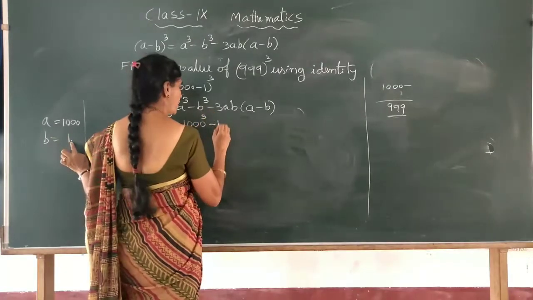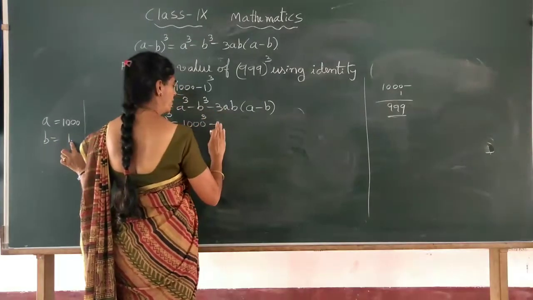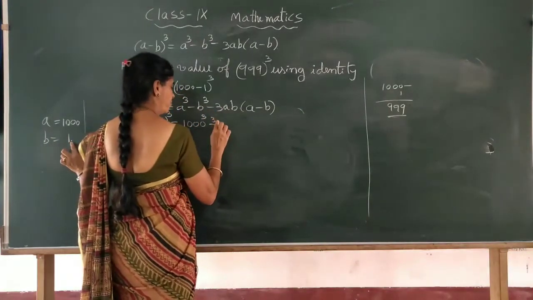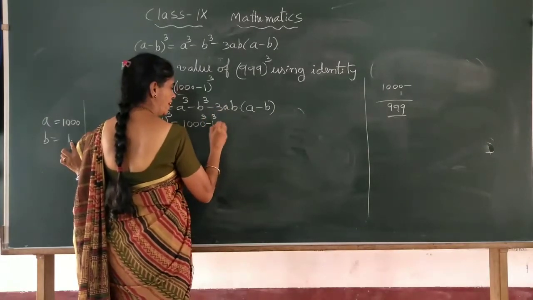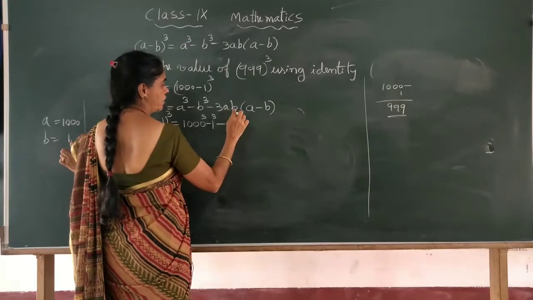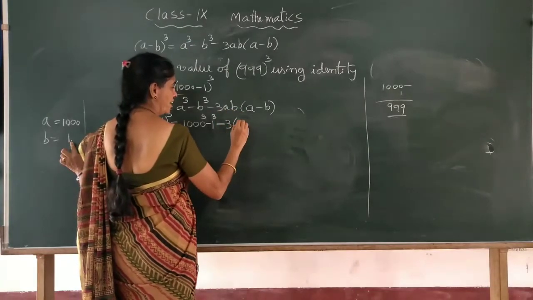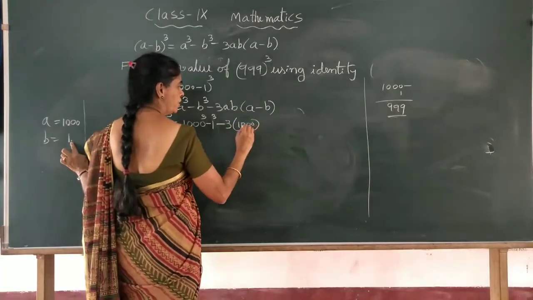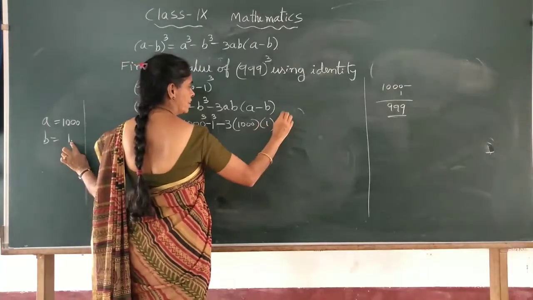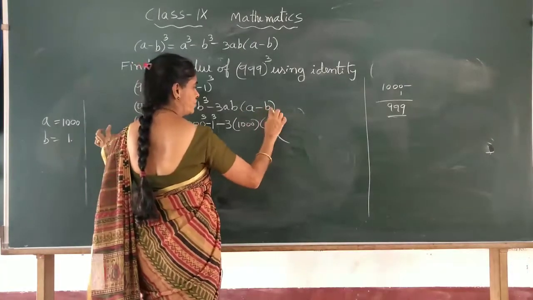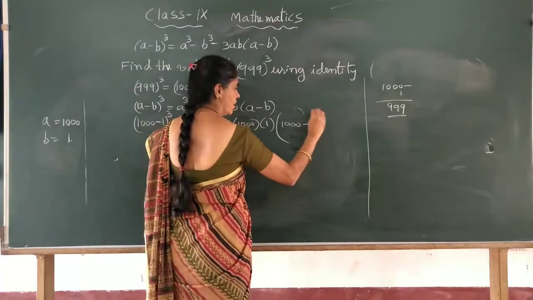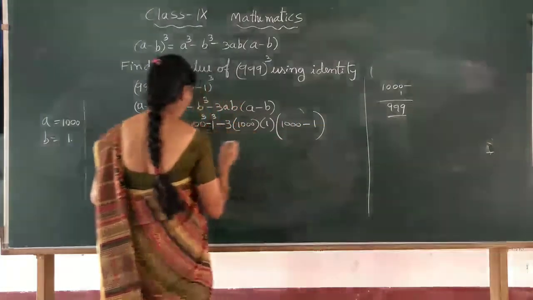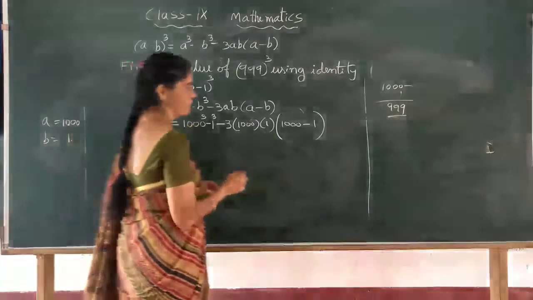B cube is 1, so 1 cube minus 3 into a into b. 3 into a is 1000 into b is 1. Now big bracket, for this I will use a minus b, 1000 minus 1, a is 1000, b is 1. Now simplify, what is the value?